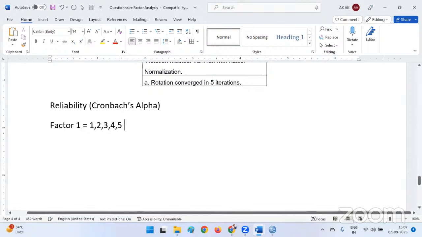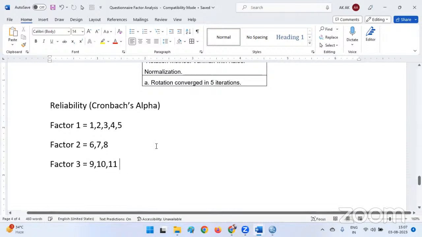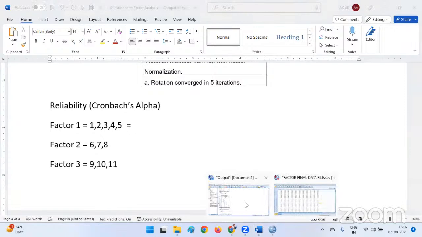Factor 2 is 6, 7, and 8. And factor 3 is 9, 10, and 11. Am I right? All right. So we have this factor-wise reliability that needs to be checked.